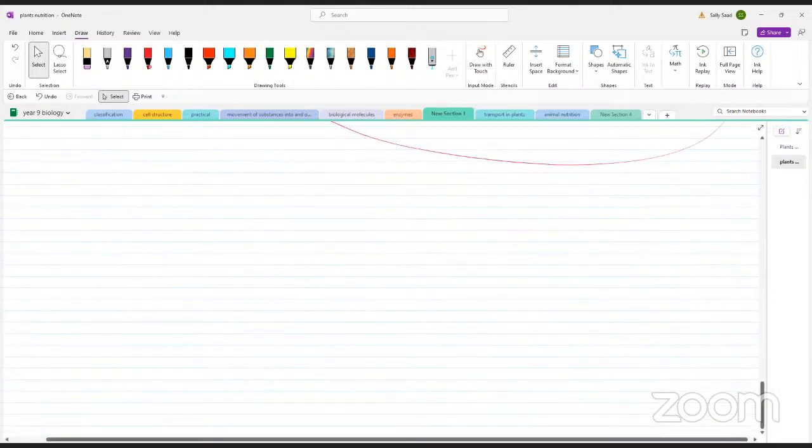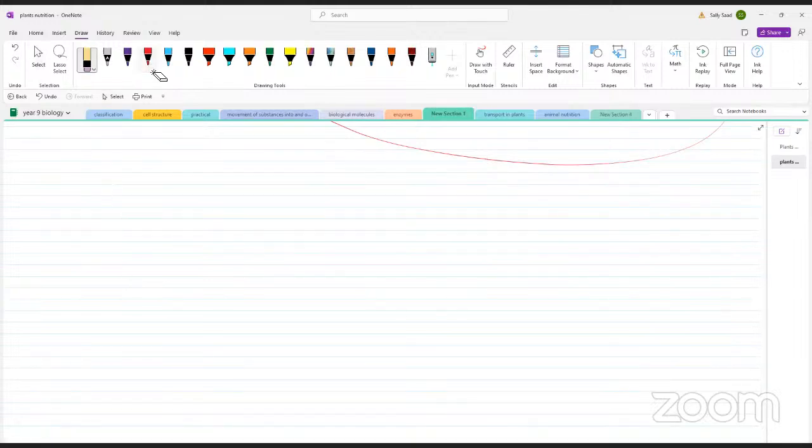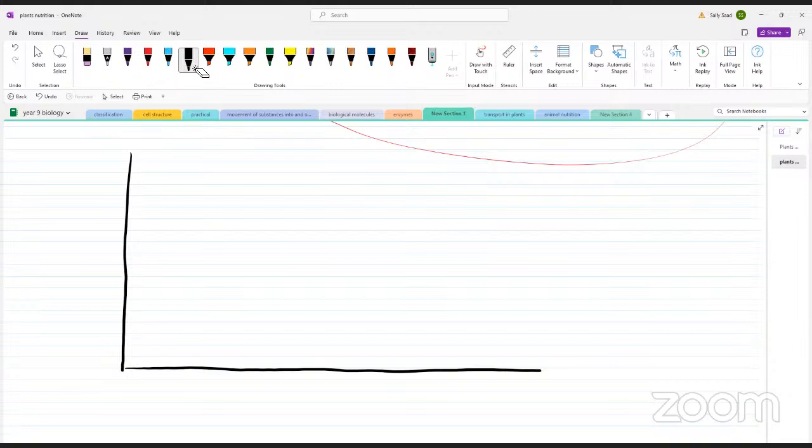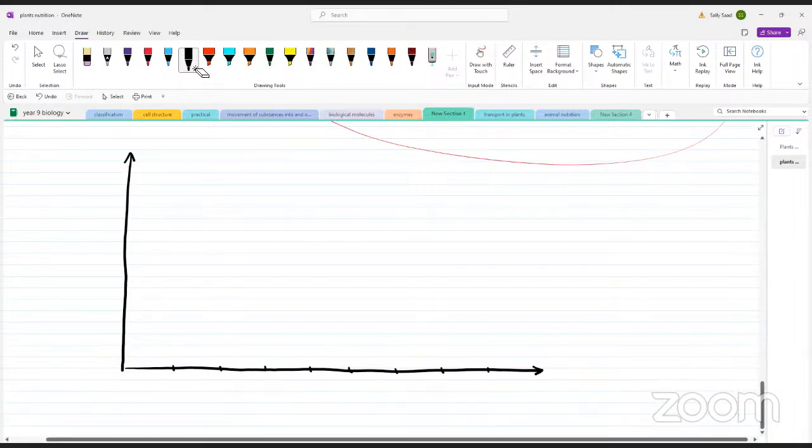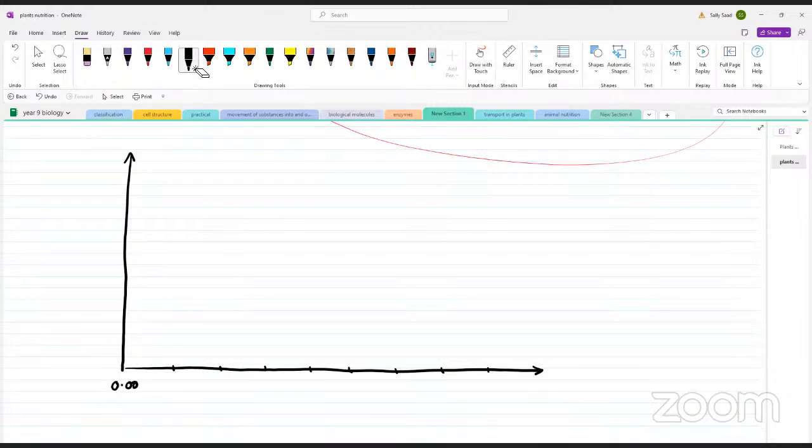Say here, I will plot a graph, I will just sketch it. Here I will write the timing of the day: 0.00, which is midnight. Then here is 6 a.m. Then 12 at noon.